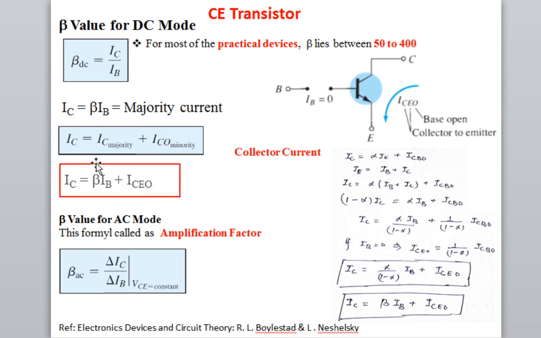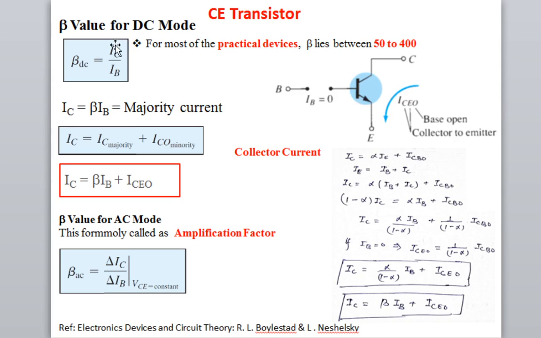If you further define beta for the AC signal, it is formally called the amplification factor. So beta AC is equal to delta IC upon delta IB, at constant output voltage, that is VCE.